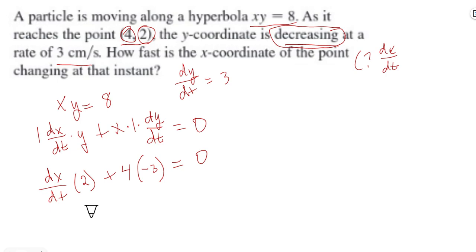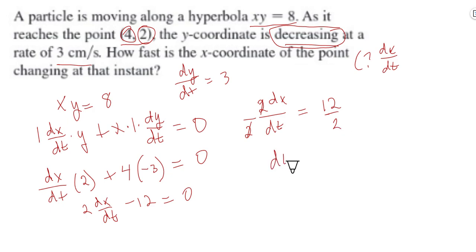So we get 2 dx/dt minus 12 equals 0. So we add 12 to both sides, positive 12. And then we divide by 2, so this cancels there.